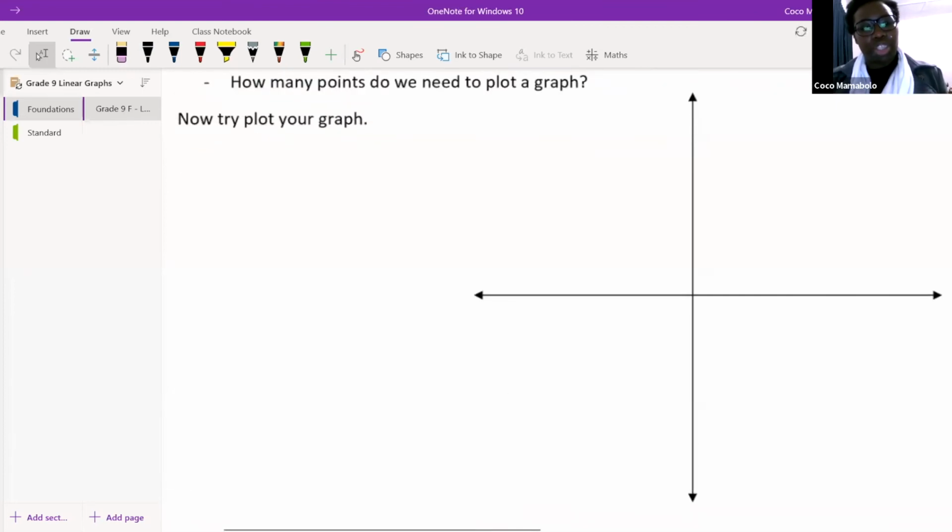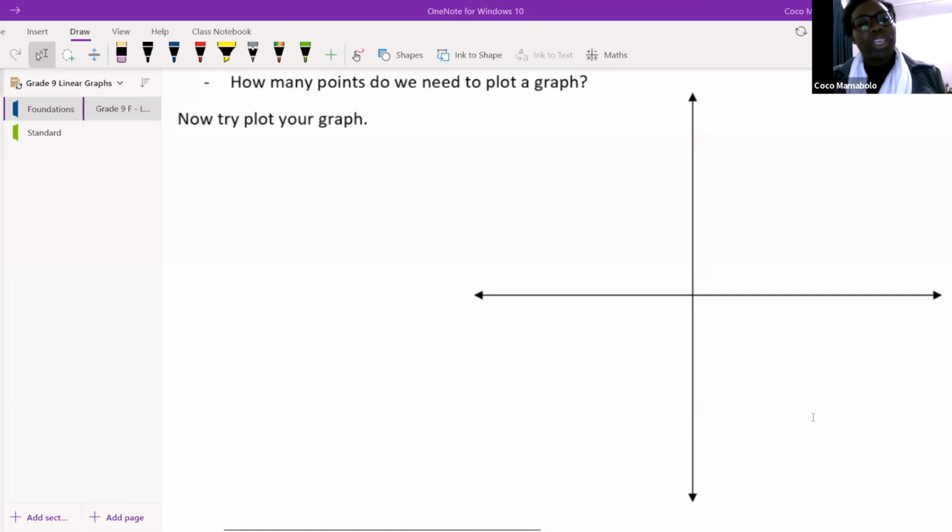Can you guys tell me in the chat? Camilla says 2. Everyone is saying 2 except Esona says 6. We only need 2 points.